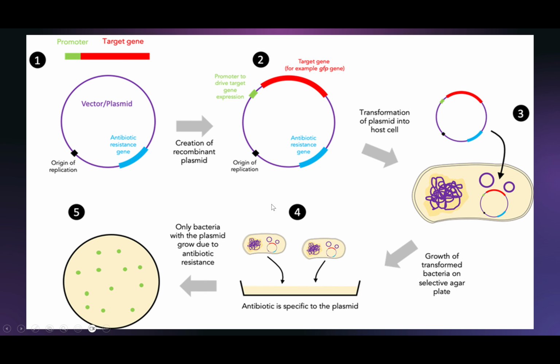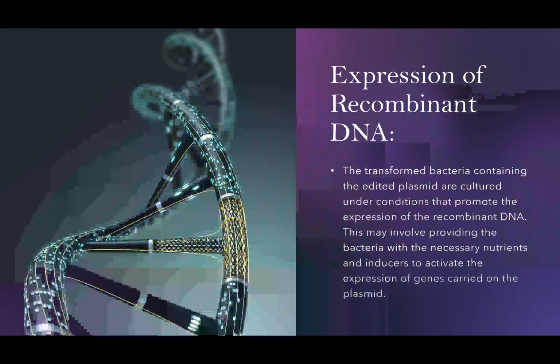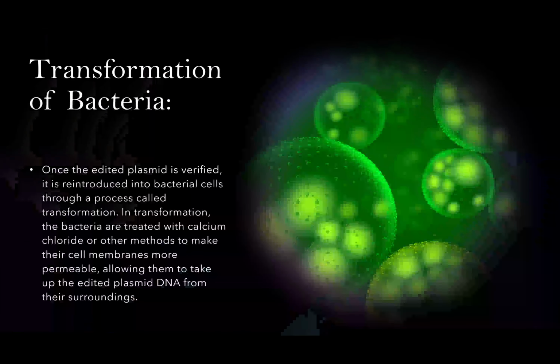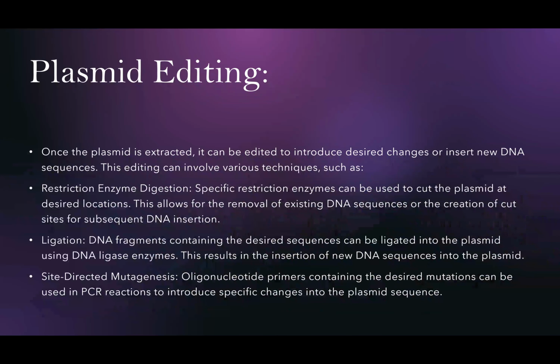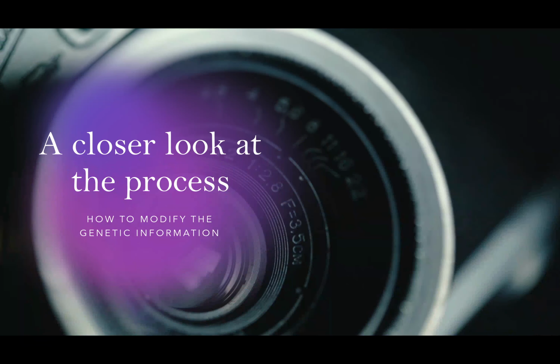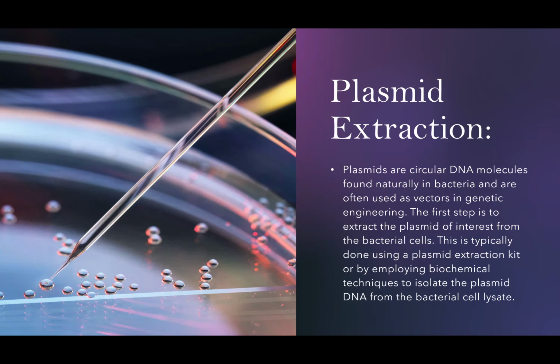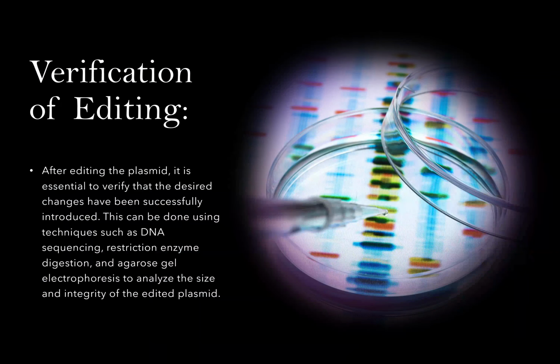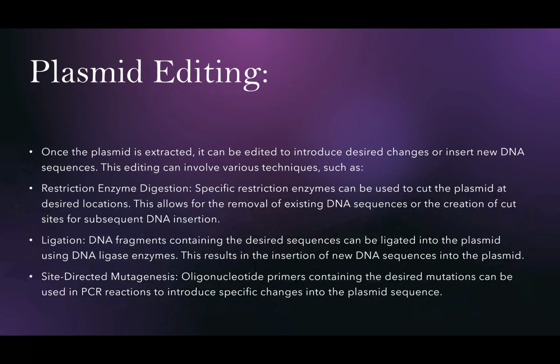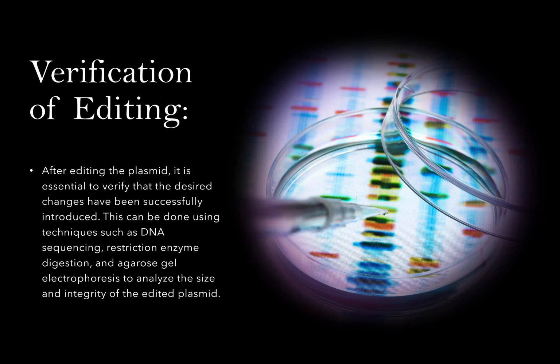Five key steps. We isolate the plasmid. Remember, plasmid extraction: we isolate it, then we edit it using restriction enzymes, add in what we want to add, then we ligate it, we close it back, then we verify the editing.